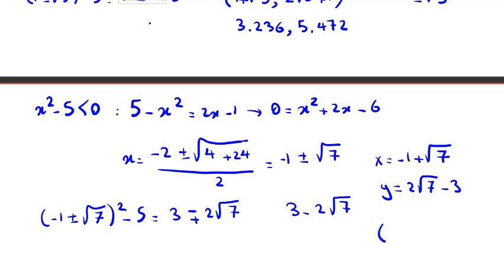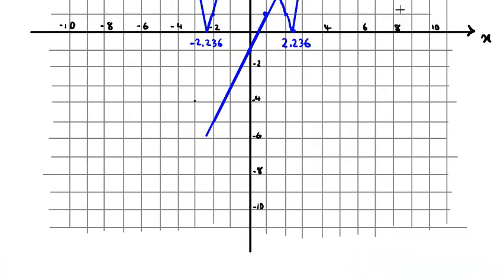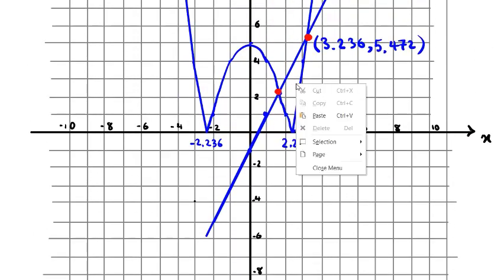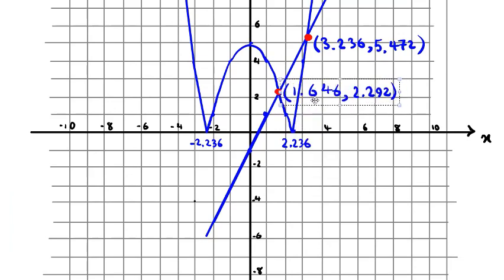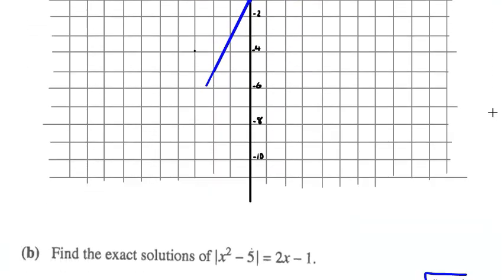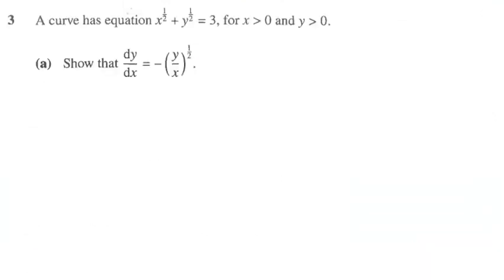So x will be 1.646, and y equals 2.292 if you use a calculator. Then let's copy this, and it is exactly this point. Okay, so we found the two intersections of this problem.